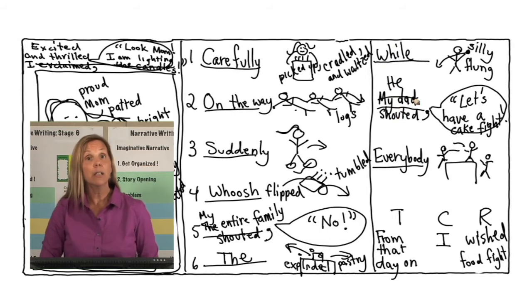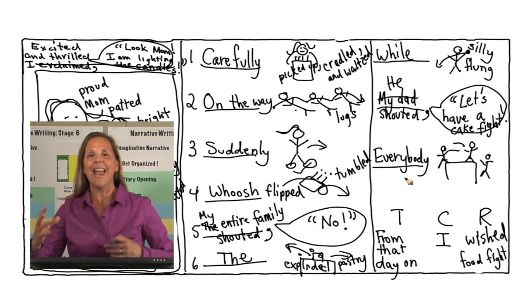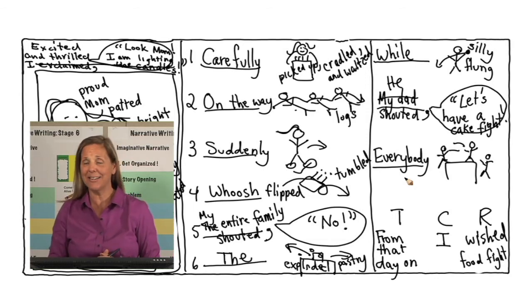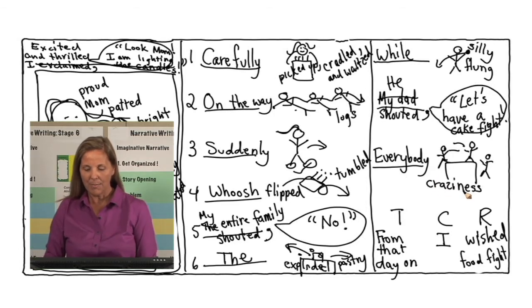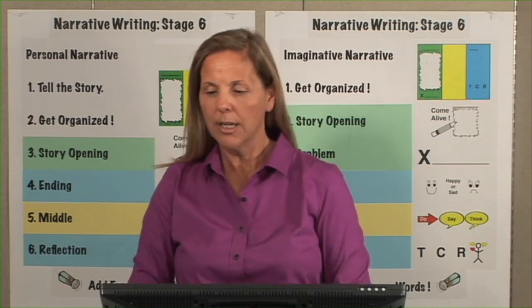He shouted, "Let's have a food fight." Everyone picked up chunks of cake and continued the craziness. Ooh, that sounds good. Maybe I'll put craziness there. From that day on, I wished every birthday party could end in a food fight. We have our describing words.